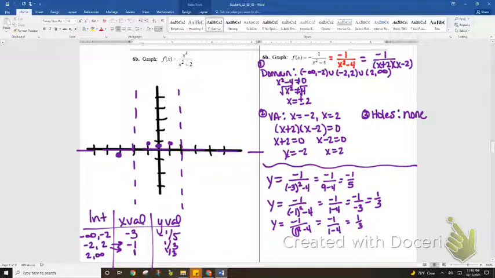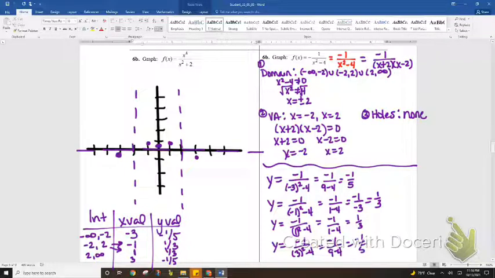So let's pick +3. This looks familiar too, doesn't it? So we got negative 1/5. So 3 and negative 1/5.